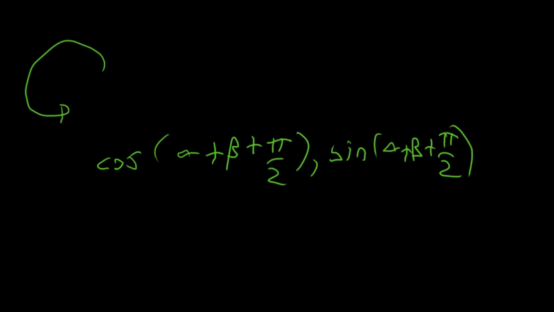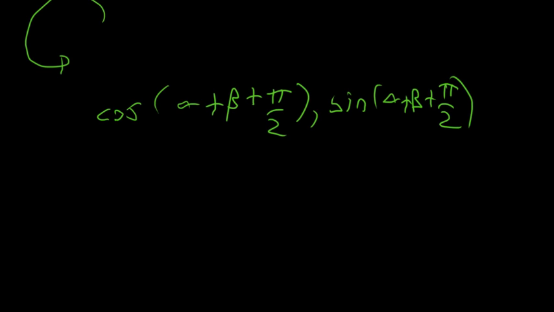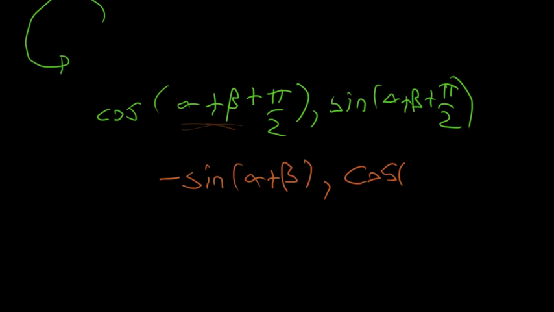But by the previous video, what you want to do is use the identities that we talked about. So we said that cos of something plus pi over 2 is equivalent to minus sine of the item in question, and sine of something plus pi over 2 is going to be cos of the thing I want to talk about, right?